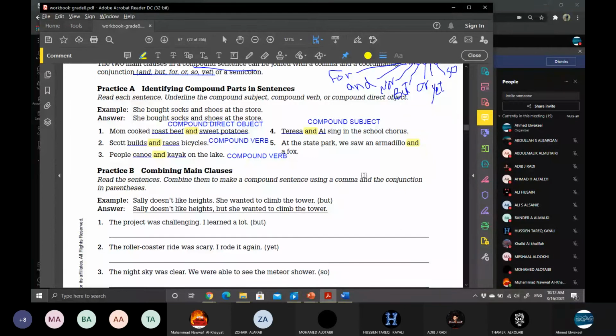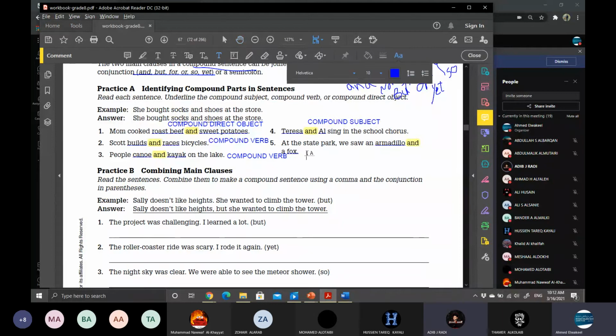Okay, in this example, we have armadillo and a fox. So is that a compound subject? No. The subject is we, the verb is saw, we saw what? An armadillo and a fox.